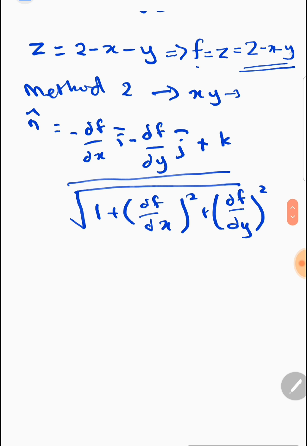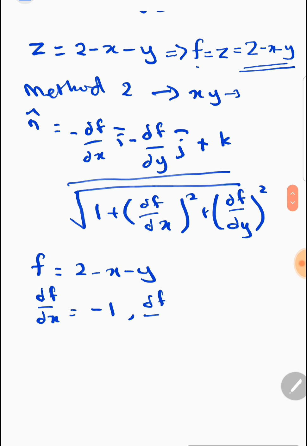Your x and z will then correspond accordingly with the first two terms and the denominator, as explained in the previous video. I'm not going to go through that, but we are going to look at the xy example here. So my f is 2 minus x minus y, and I need to get my df over dx and df over dy. My df over dx, the partial derivative, gives me negative 1. Df over dy, I also get negative 1.